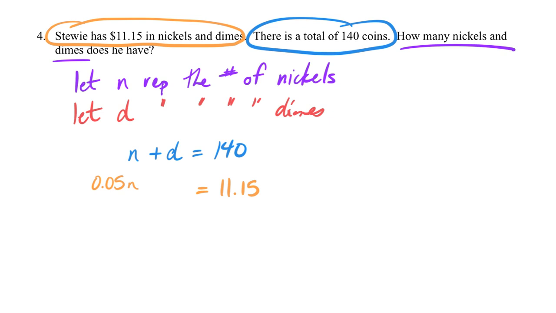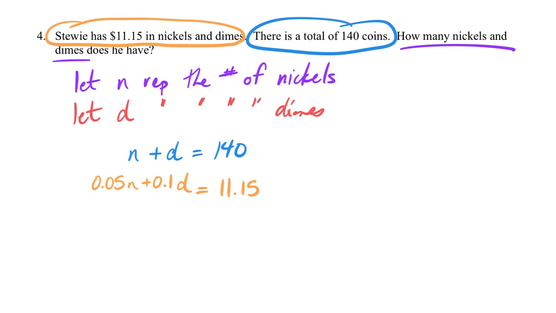I could do the same thing now with dimes. Each dime is worth 10 cents. And now my orange equation represents a value equation. I'm good. You notice you have two equations that both contain the same variables. You could go through and solve the system.